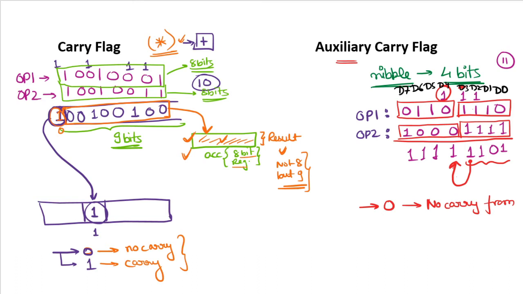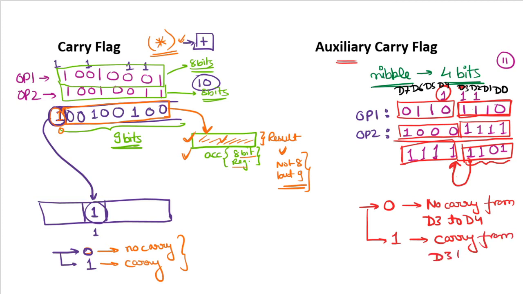Now there is no carry from D3 to D4. There is no carry from lower nibble to upper nibble. This is lower nibble, this is upper nibble. Whenever auxiliary carry flag is 1, that means there is one carry from D3 to D4, from lower nibble to upper nibble.